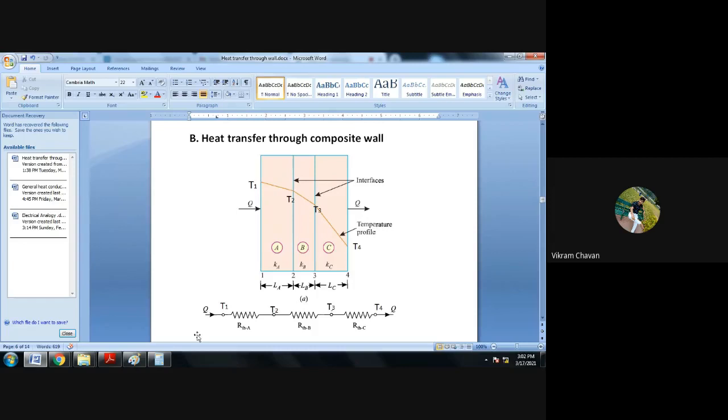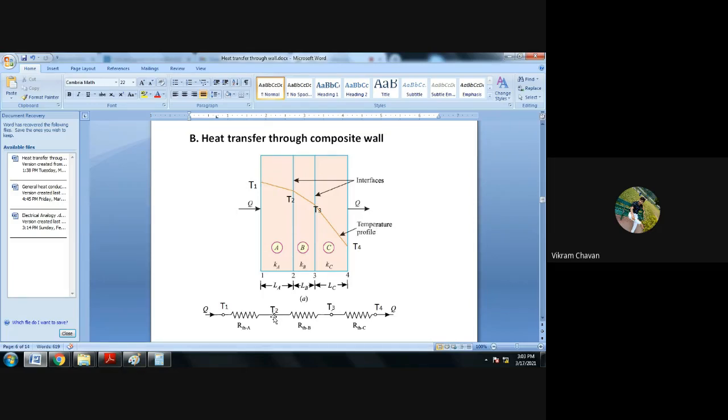And if you want to draw the electrical analogy for this composite wall, it will be in this manner. Heat is flowing from left side to right side, and the left side surface is maintained at T1 degree Celsius, or wall A outer surface temperature is T1 degree Celsius, and wall A inner surface temperature is T2 degree Celsius.